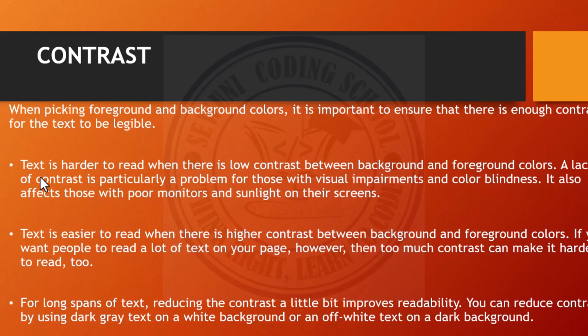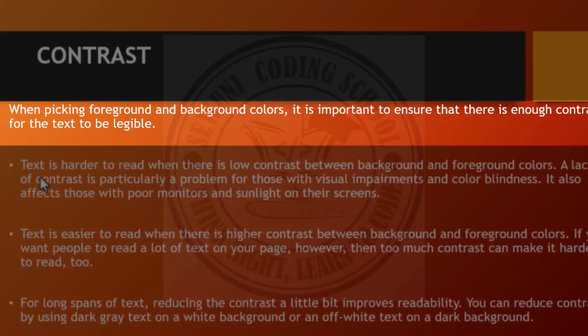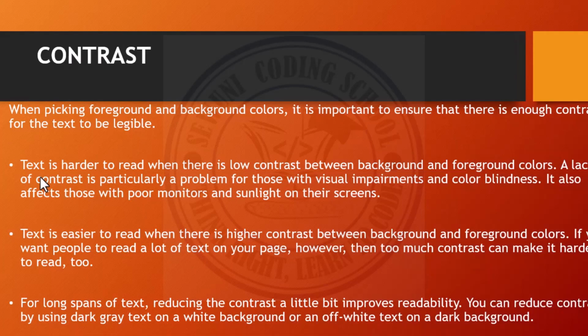What is contrast? When we say the contrast of an image, it comes when you are choosing foreground and background colors. It is important to ensure that there is enough contrast for text to be legible. I told you when you're choosing a background and a foreground color, you should choose colors that work together, not the same color, but colors that will be able to show on each other.